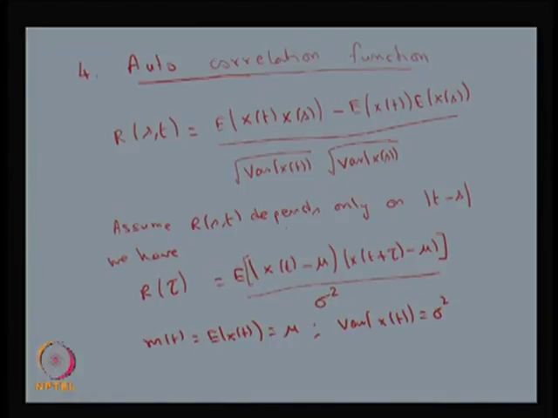Therefore, I can simplify R of s comma t, the product expectation minus individual expectation, as the expectation of this product, evaluated at x of t and x of t plus tau, and that difference is tau.